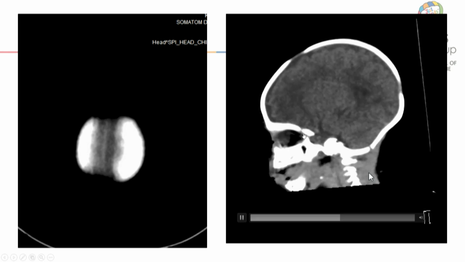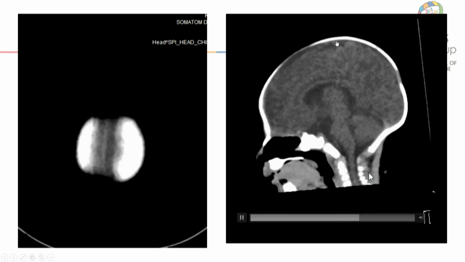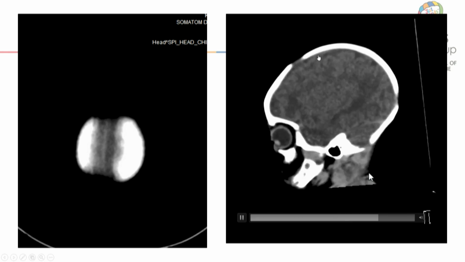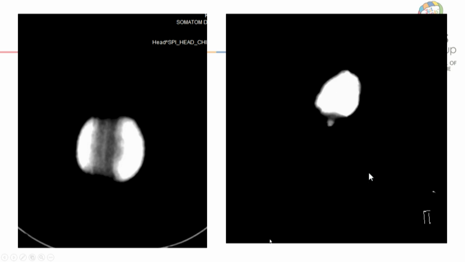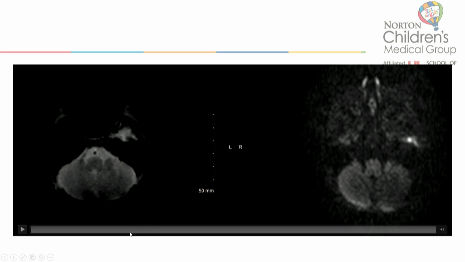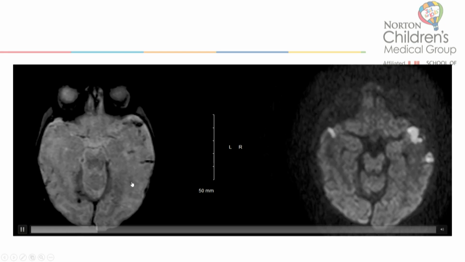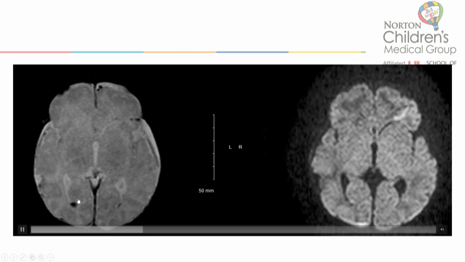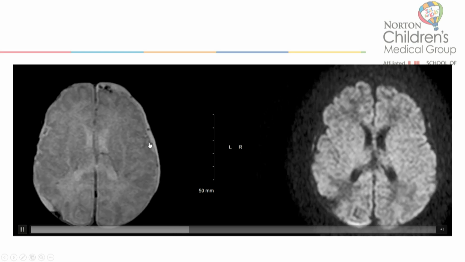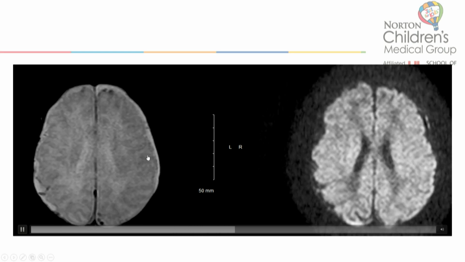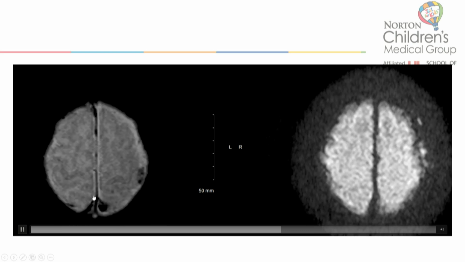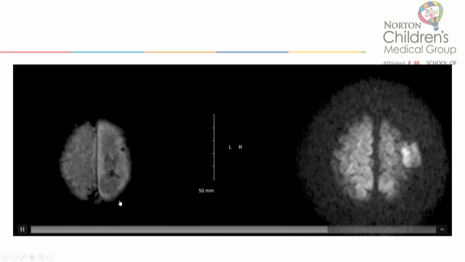But trust me, you can see a very thin hyperdensity. Shoot, I'm sorry you can't see the coronal. But this was what showed up on SWI, so blood. See that? Blood, IVH, subdural hemorrhages right there in the posterior, all along the falx.